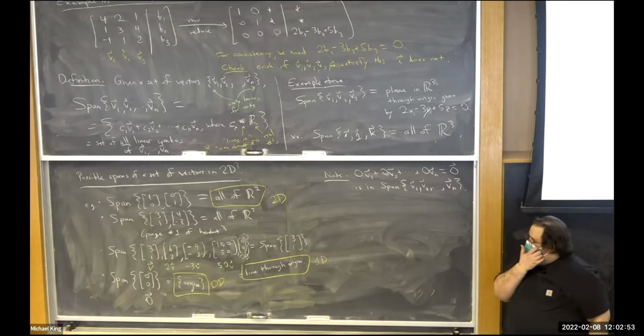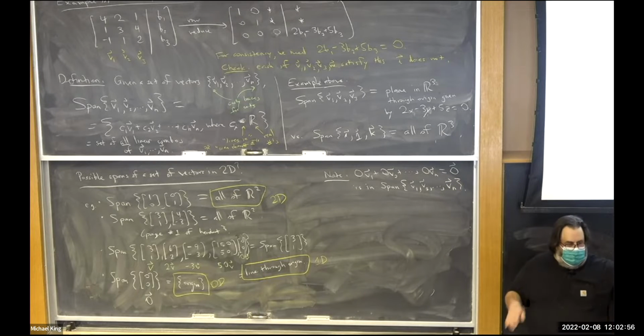So that means every possible span is something through the origin, right? Okay, so that was a line. Could you get something curvy? Could I get something like a sine wave through the origin as a span?